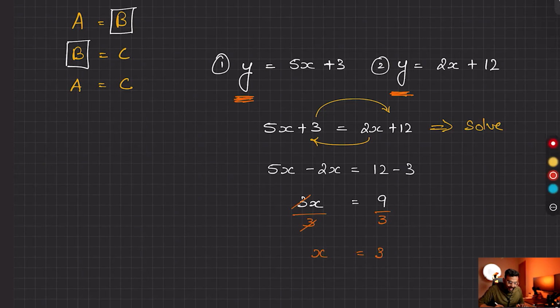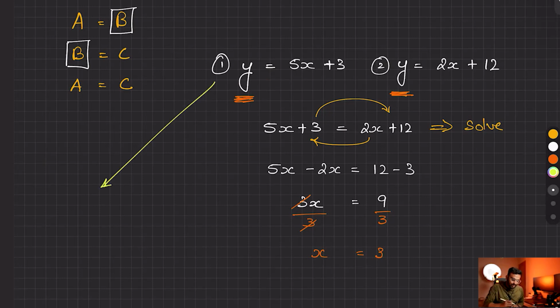What is this x equal to 3? That is the x coordinate of the point. We didn't draw the line yet, but we have two equations here. Are you with me? Now we're not done yet, because we only found the x. We have to find the y. So pick one equation from here. Now we are going to substitute x again to find the y.